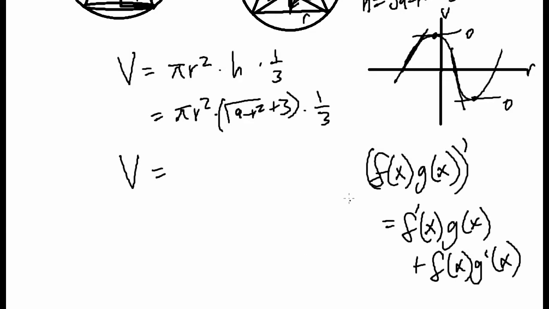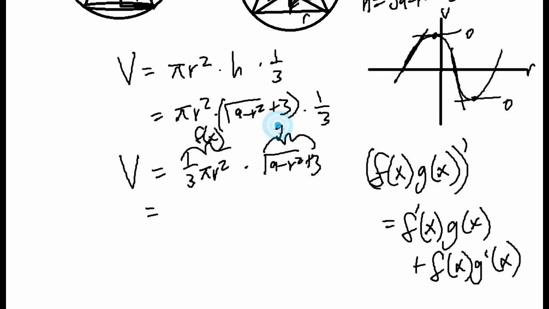So let's see what we have here. Our f of x will be 1/3 pi r squared, and our g of x will be the square root of 9 minus r squared, plus 3. And so first of all, f prime of x, the derivative of f of x, would be 2/3 pi r, because of the power rule.